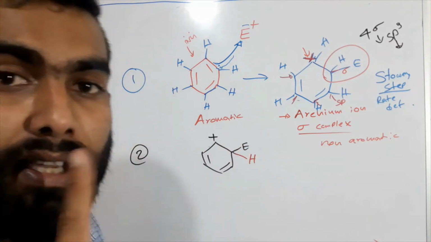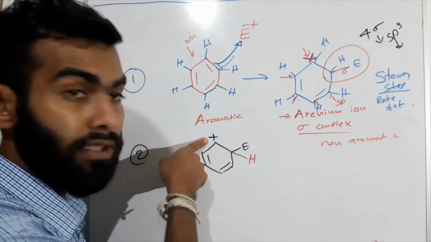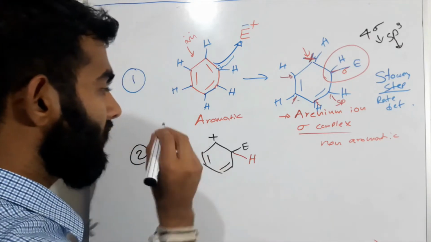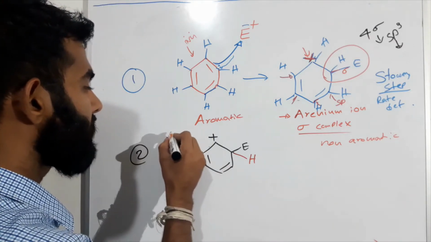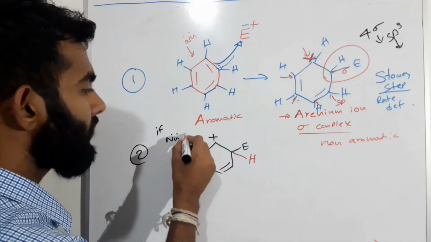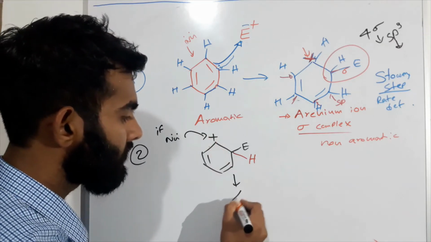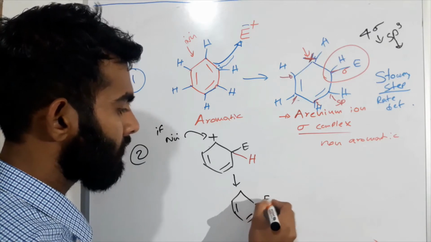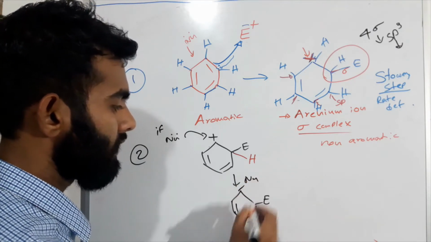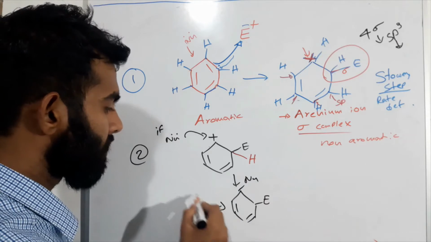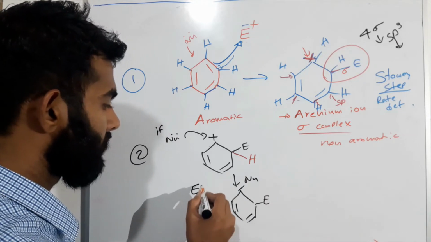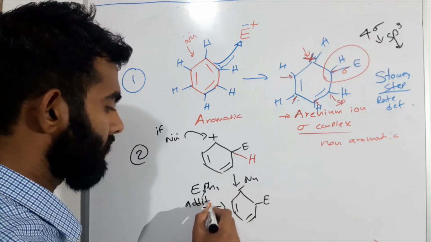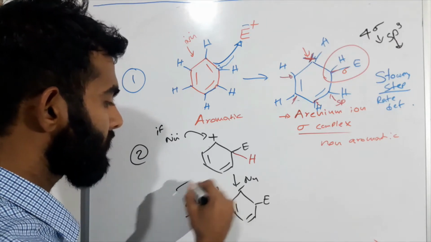What happens if a nucleophile comes and attacks this positive charge? Just imagine if a nucleophile comes and attacks this positive charge, it will form this structure, with the electrophile and the nucleophile. This is the electrophilic addition reaction product.